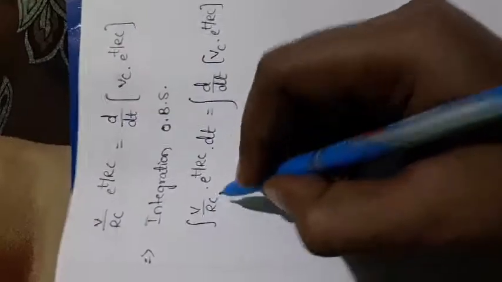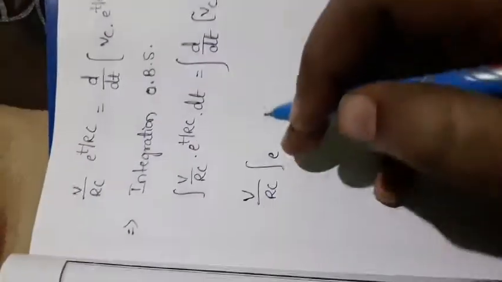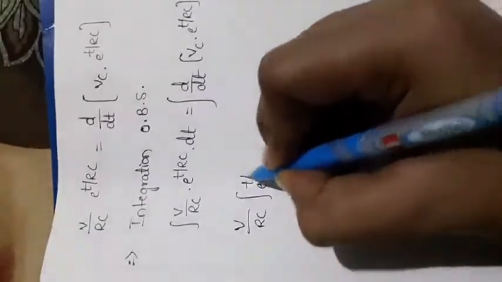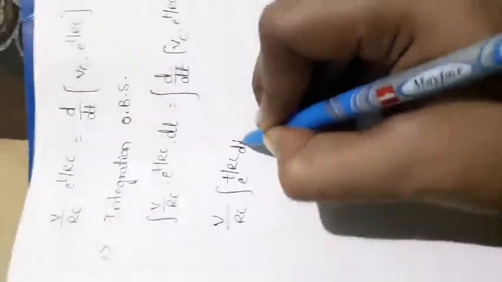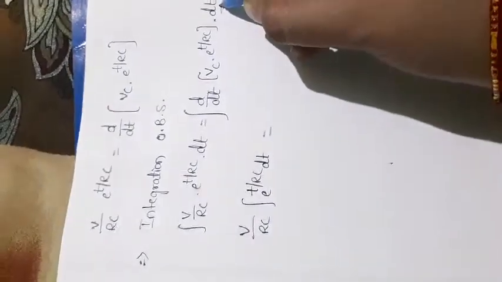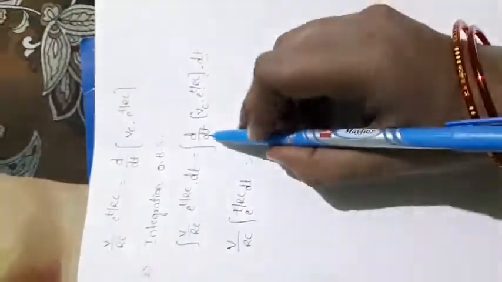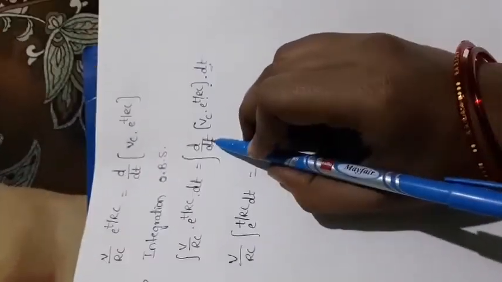Okay, so now here V by Rc is a constant, and the integral is with respect to t, so for that only you can apply the integration. Before applying the integration for this term, first we need to simplify the differentiation. Here we have the integration and the differentiation, right?